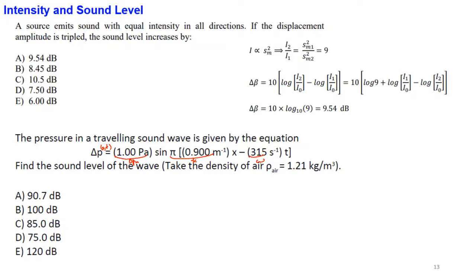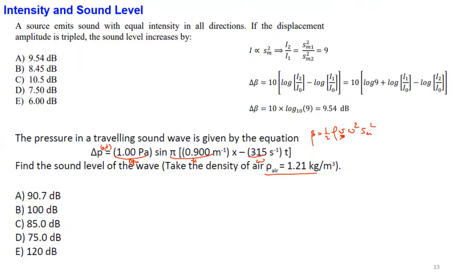So you know that the intensity is half rho v omega square Sm square. So I give you rho, this is rho of air. V, how do we get it? Of course, it will be this divided by this, and it will be roughly 343.